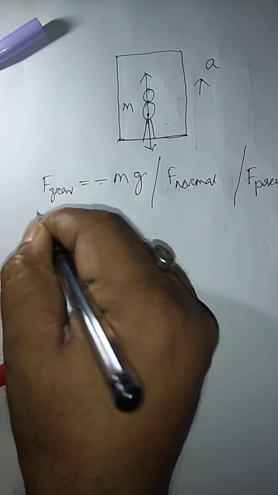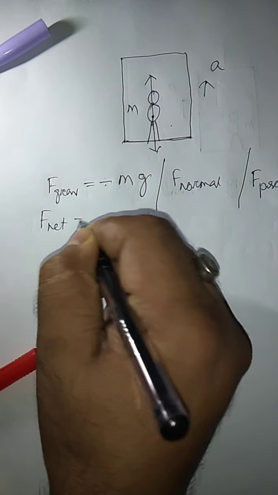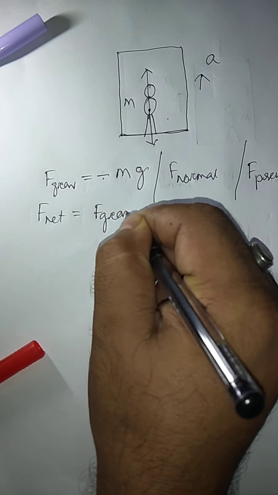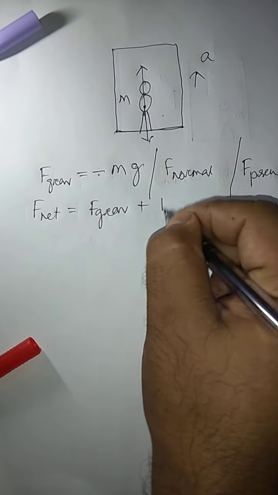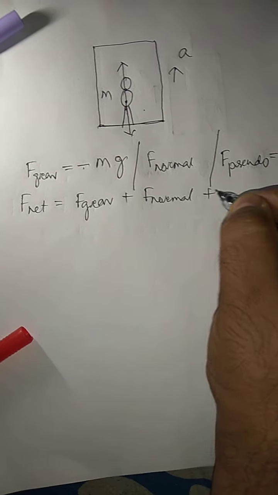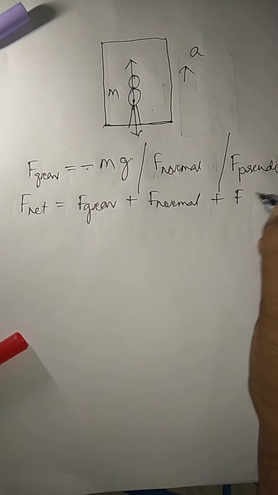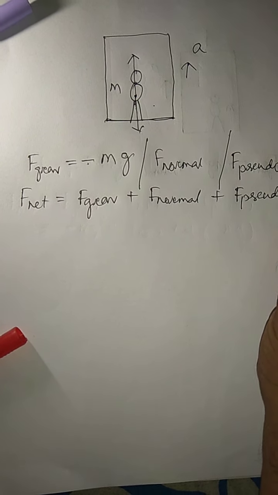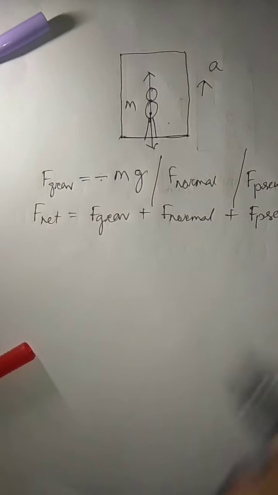Thus we write the net force F net is equal to F grav plus F normal plus F pseudo is equal to 0.